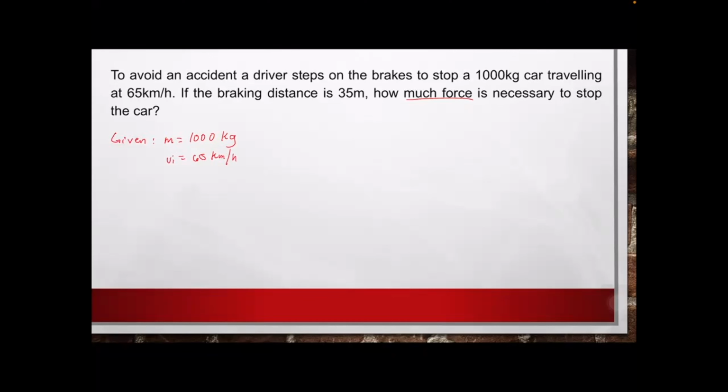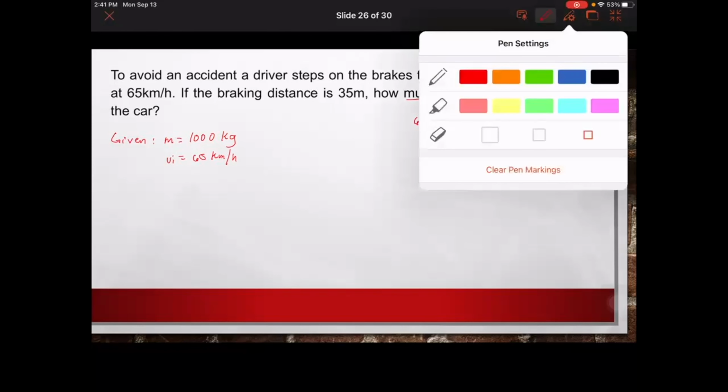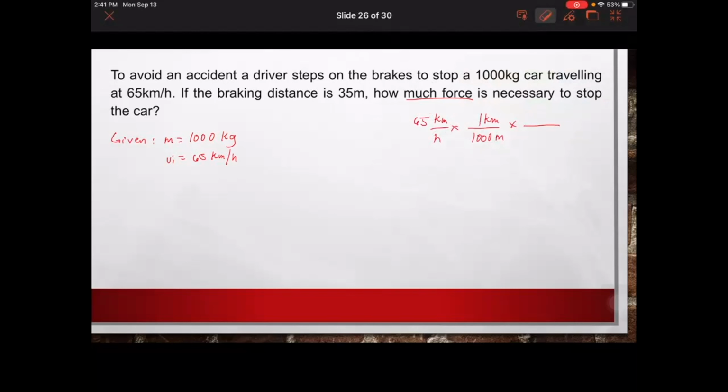So therefore, magkaroon tayo ng 65 km per hour times 1,000 meter over 1 kilometer, times 1 hour over 3,600 seconds.